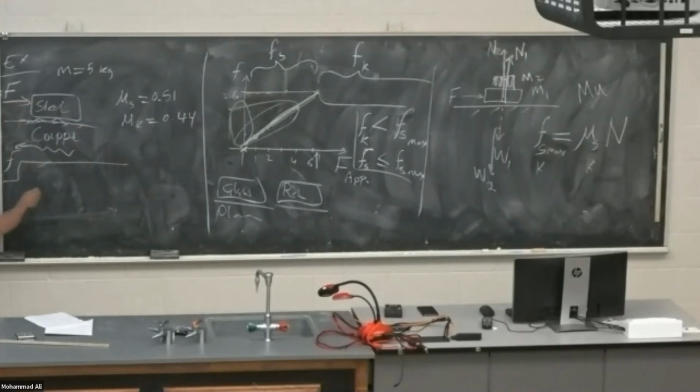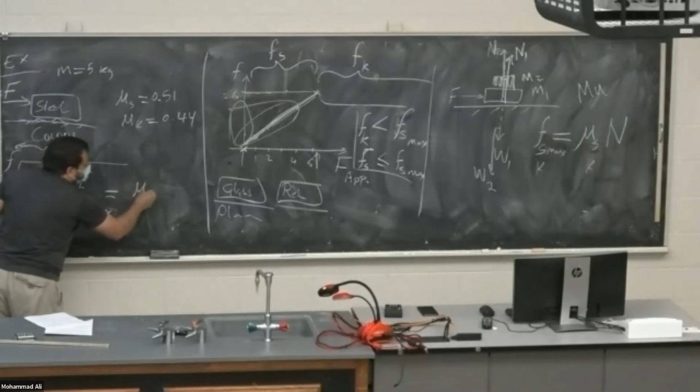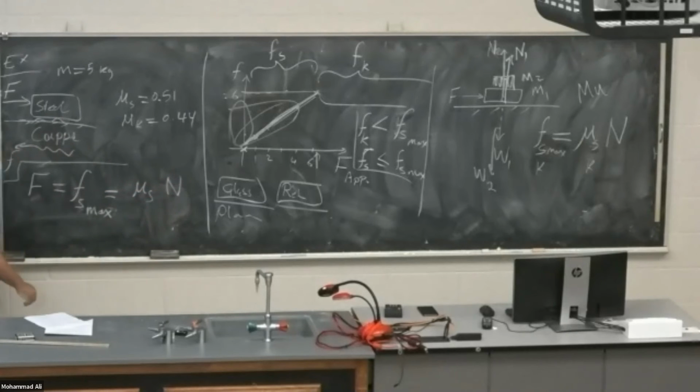I need to put a force, and this force needs to be equal to the maximum frictional force. After that, it will start moving. So this will be equal to Fs maximum, which is equal to mu s multiplied by the normal force.